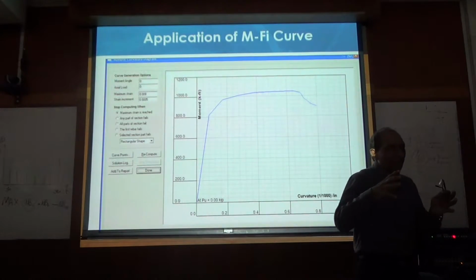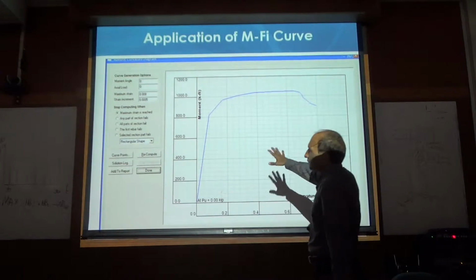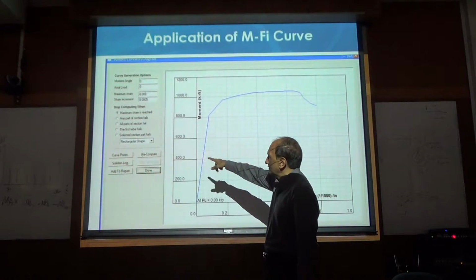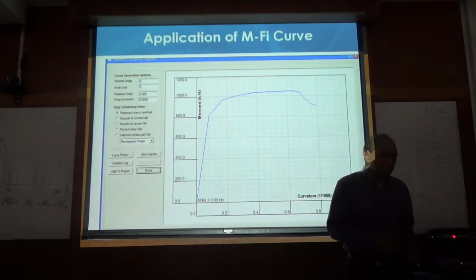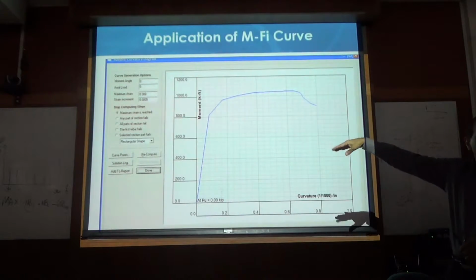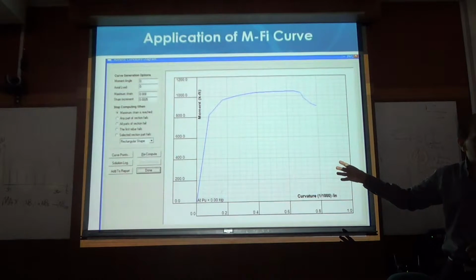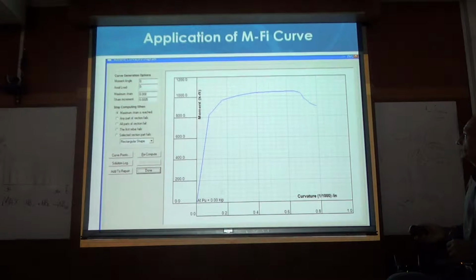Because if the section has many parts, concrete, steel, composite, many things, you can choose which should fail first. Then there are some other options, curve points and so on, and then you compute. So that is the curve you will get. And you will see when I show you the program demonstration that when you change that, the curve will change. Okay? So this is a very important tool to draw the moment curvature curve.